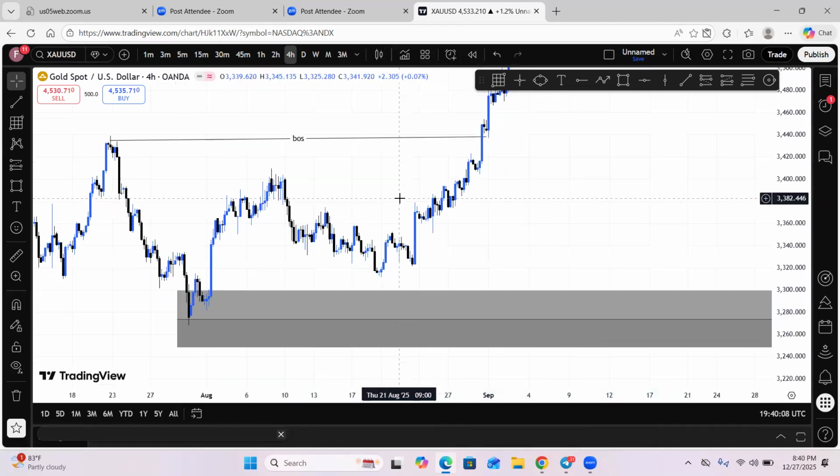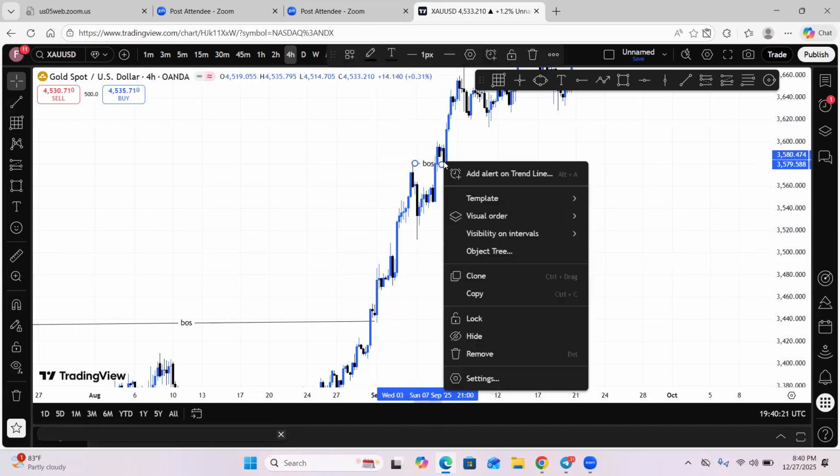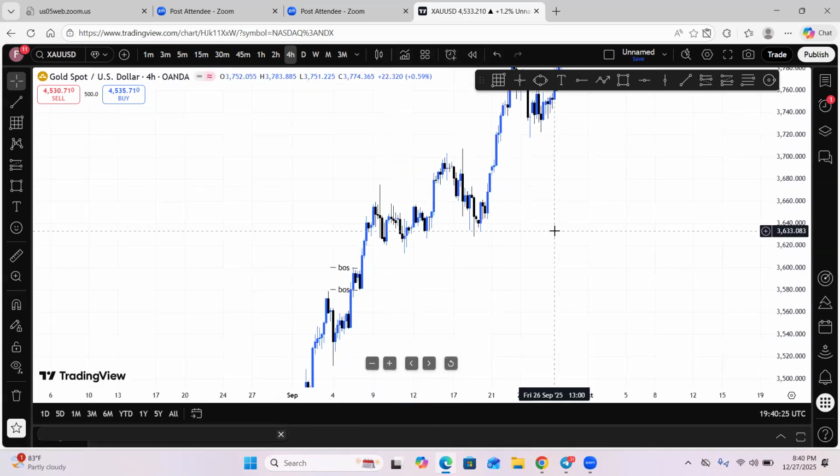This is the origin, this is the break of structure. The market kept moving, then it pulled back small, then it kept moving up, creating another break of structure. As you can see, as we came down to the lower time frame, it is clearer.